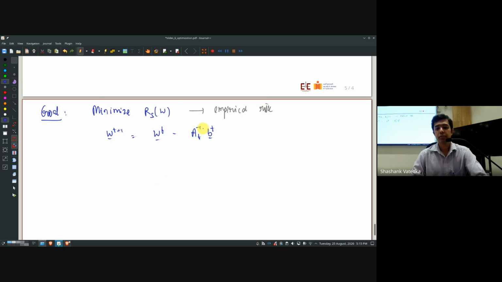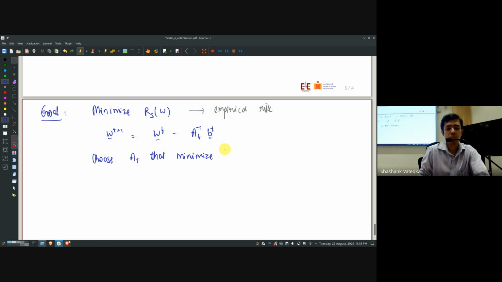And I want the choice of At inverse that minimizes the overall empirical risk. So that's a reasonable way of choosing At. If I'm doing something optimal in every step, then overall I'll be performing well.